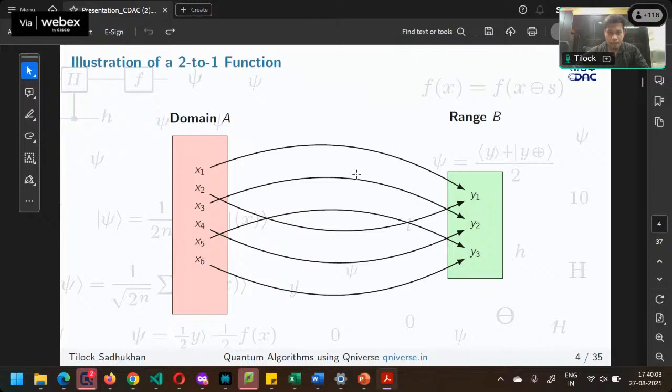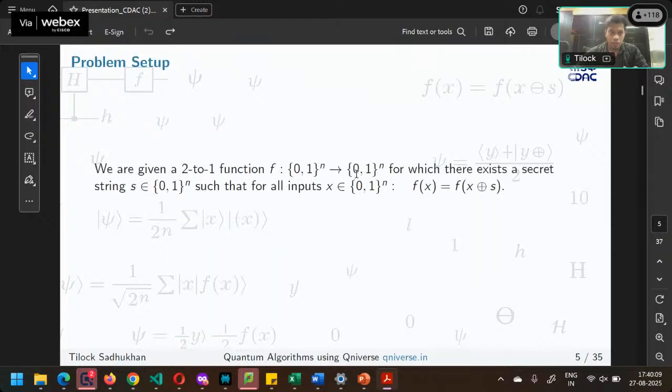If we have this idea of the two-to-one function, next we can proceed towards the main problem of Simon. So the Simon's problem setup follows the way it is being described here.